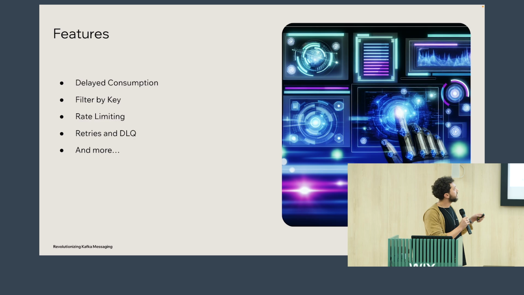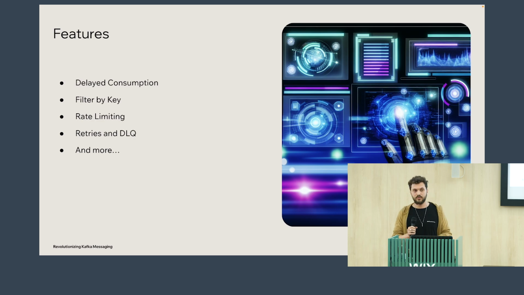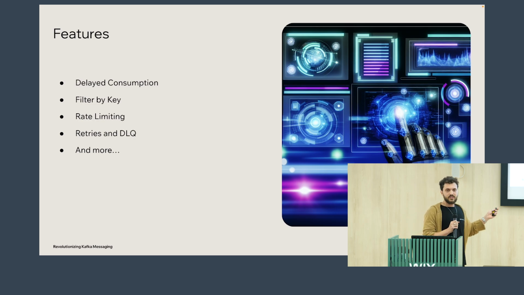Delayed consumption is an example. Filter by key: if you're having a production incident and a key is bombarding, something goes wrong, you can just enter this configuration and we will filter it for you without you having to write any code. We have rate limiting, which allows you to control the pace at which you want to get messages. Retries, DLQ, a lot of stuff out of the box.